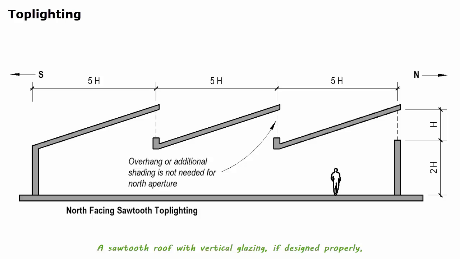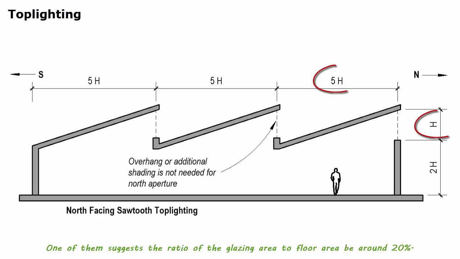A sawtooth roof with vertical glazing, if designed properly, can provide uniform illumination across the space. There are rules of thumb to size the glazing area based on floor area. One of them suggests that the ratio of the glazing area to floor area be around 20%.